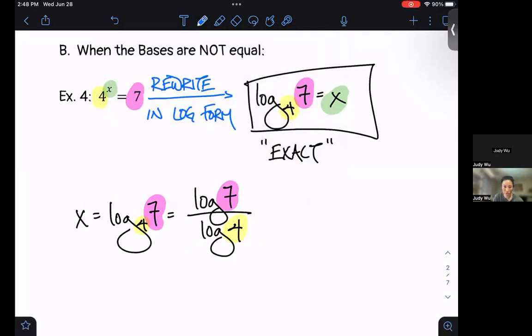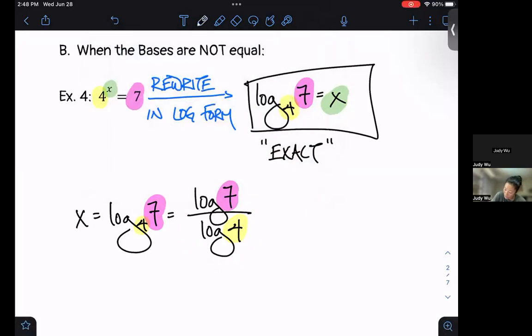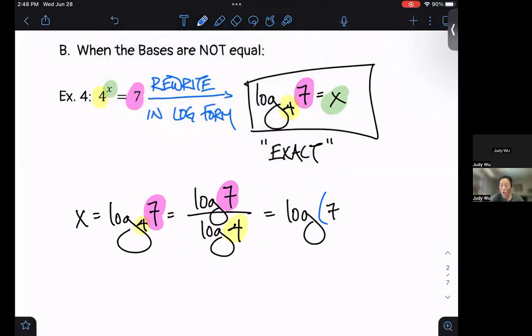If you type this into your calculator, then you can get a numerical value. But I want to caution us on a few things. A lot of times when we type log into a calculator, it actually opens up a parenthesis for you. So we want to say log, the calculator opens a parenthesis, you type in 7, and even though you didn't open the parenthesis, you have to close it.